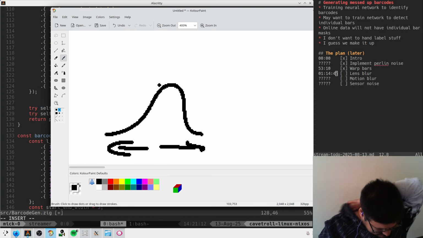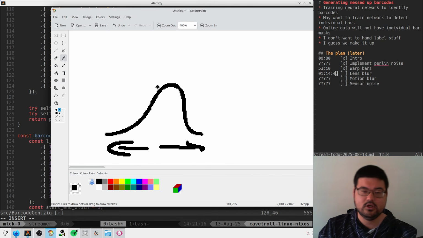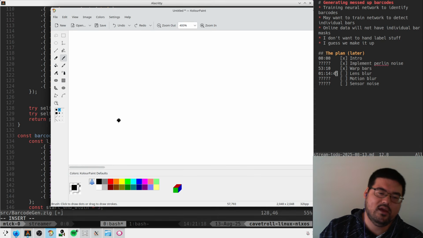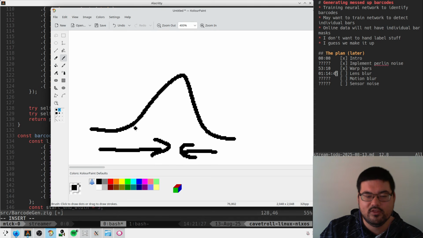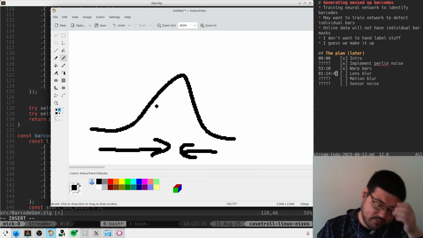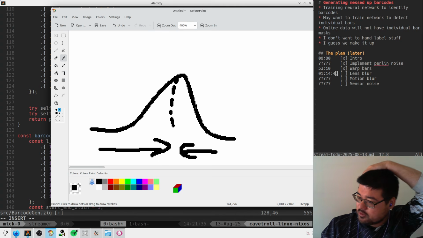Wait, so how does this, hold on. So we have some hump. How does the blur even work? We have some hump, right? And I guess for something really, really thin, the area under this curve will be 1.0, right on the center pixel.